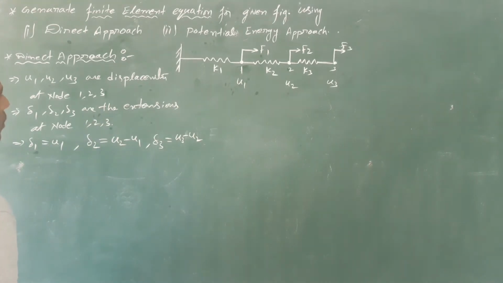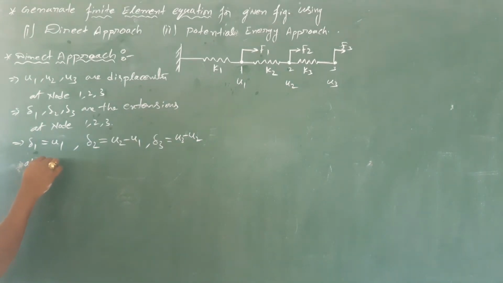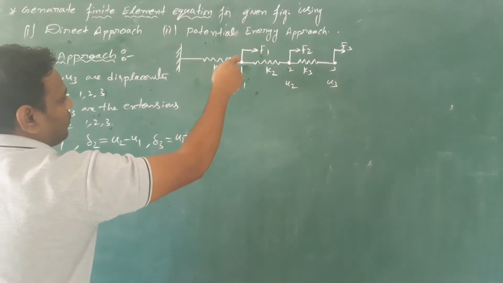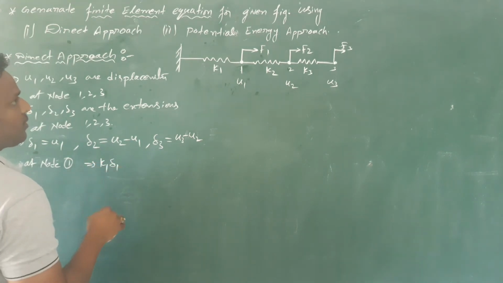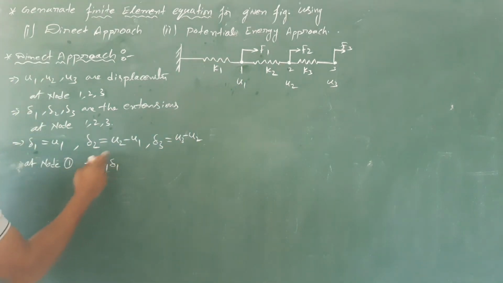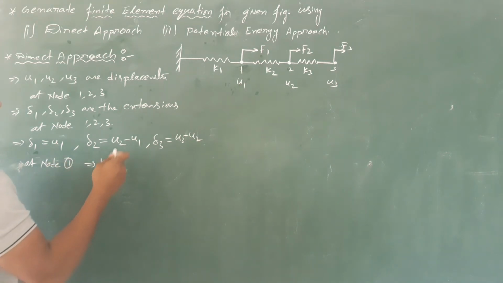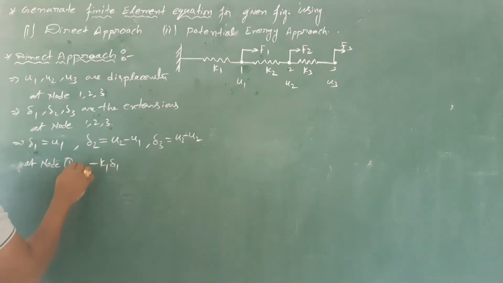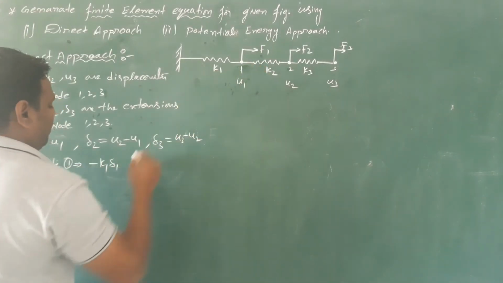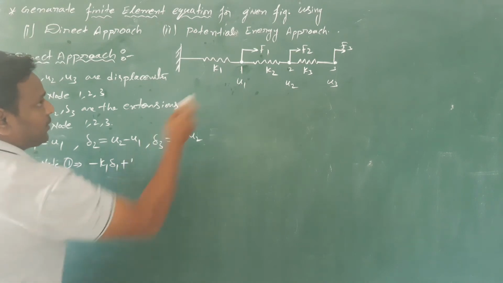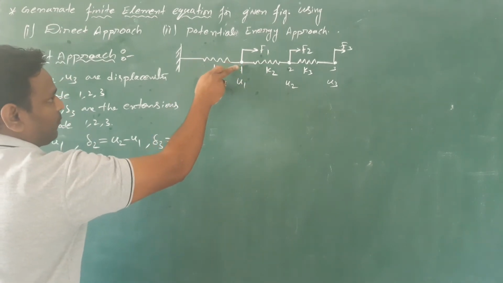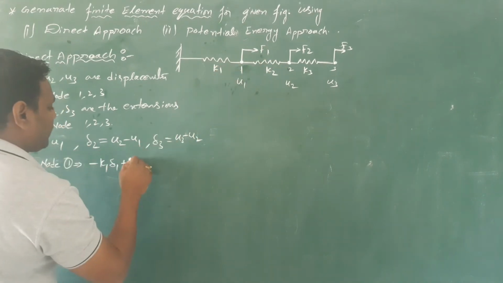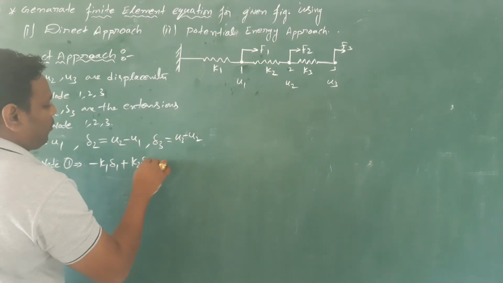Now take node 1: the forces are F1 in the forward direction and K1 delta 1 in the opposite direction, that is, the spring force is in the opposite direction, so it is negative. Next, at node 2, it is in between spring 1 and spring 2, so the force is applied in the forward direction at spring 2, plus K2 into delta 2.